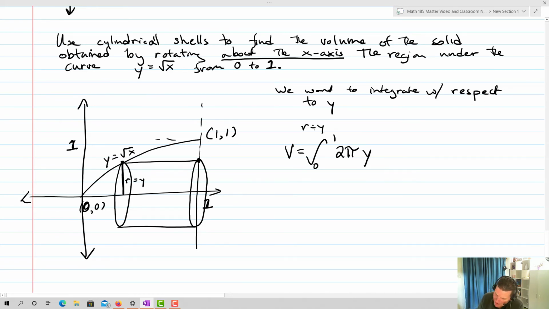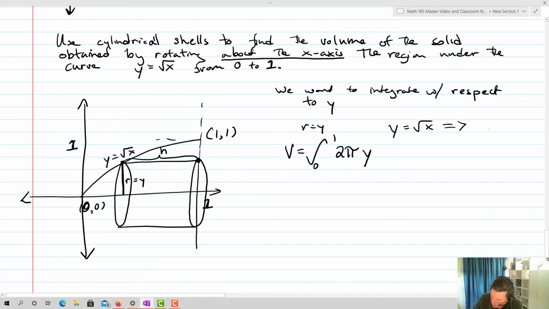Now my height in this case is a little bit trickier. If we notice right here, that's the height that I'm looking for. That's h. And one thing is that since I am going about the x-axis, I'm going to need to change square root of x into a function of y. So we go y equals root x.